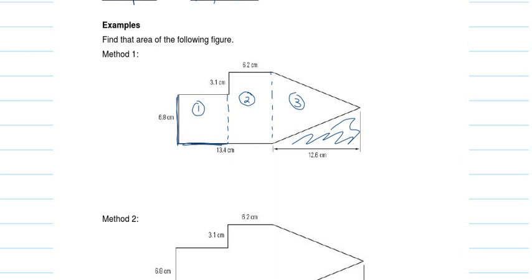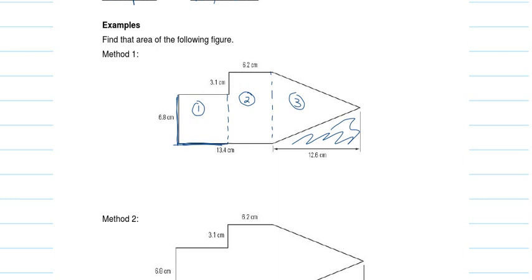Now I'm looking for this right here. How can I find that? What do I know? You know one side, and all the sides of a square. This is not a square though, right? It's a rectangle. I know that long side down here, right?